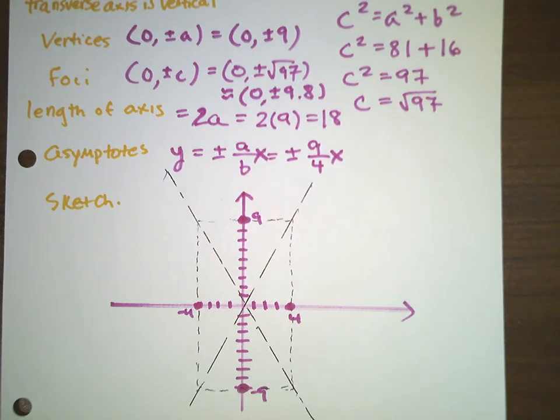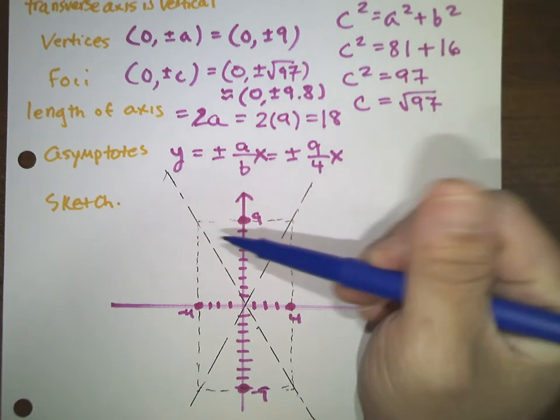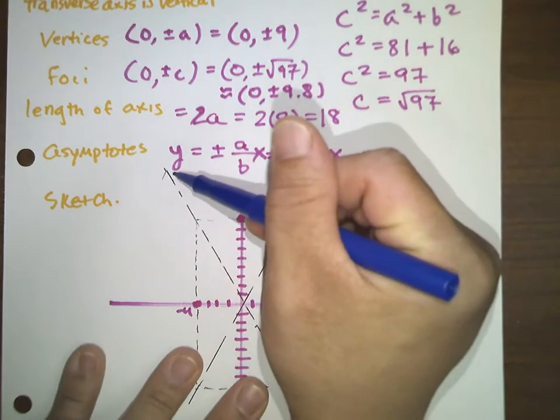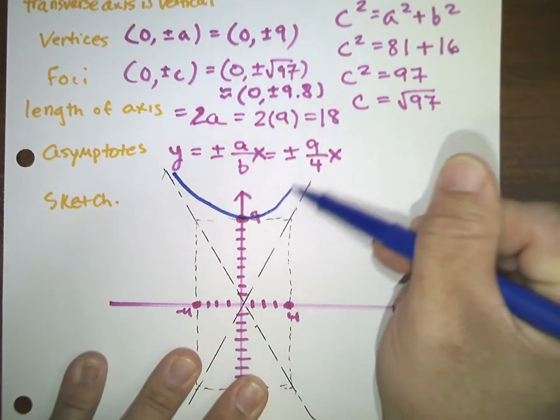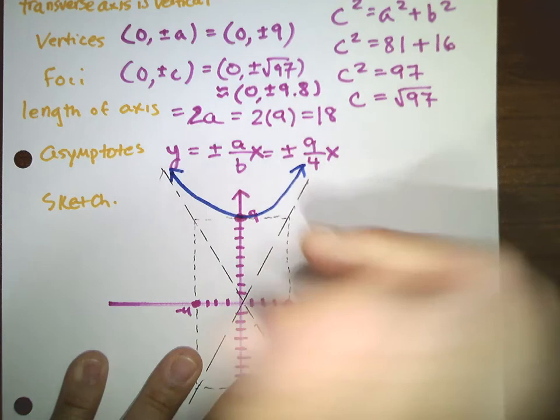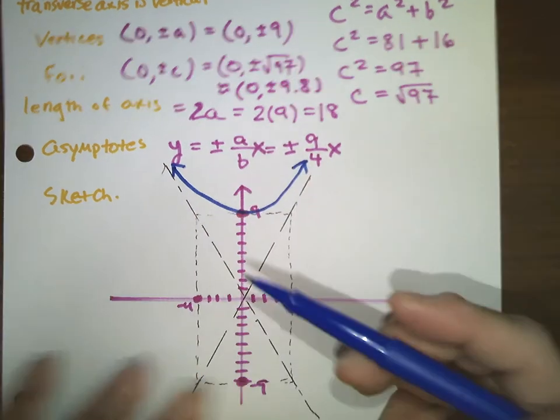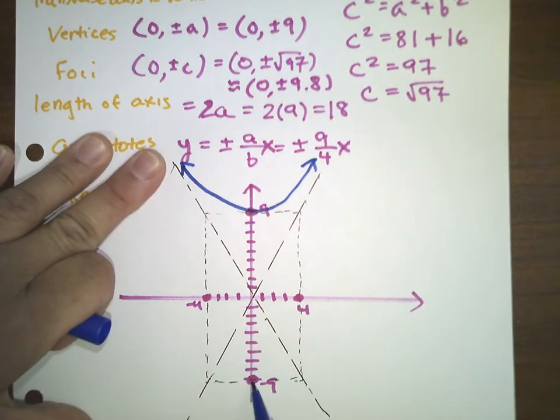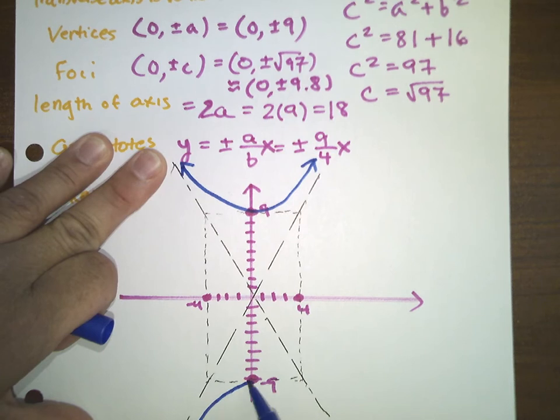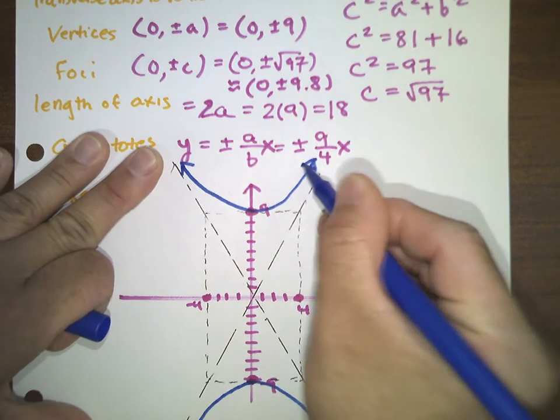And then, as I mentioned, the hyperbola goes through the vertex and then pans out toward the asymptotes, but no wider than the asymptote, so it cannot cross the asymptote. So here it is. That is a sketch of this hyperbola.